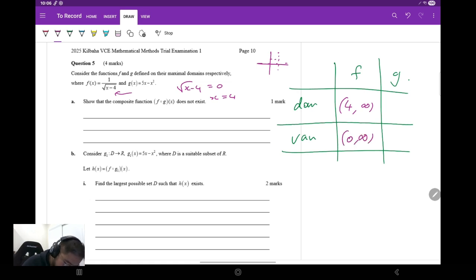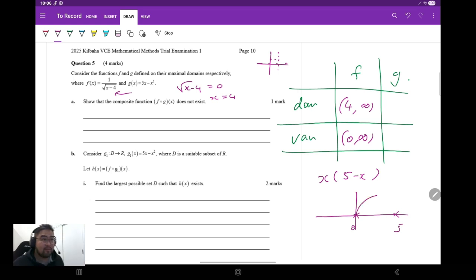Next one, we've got a negative parabola, of the form 5x minus x squared. So we've got here 0, 5, some sort of parabola that goes like that.